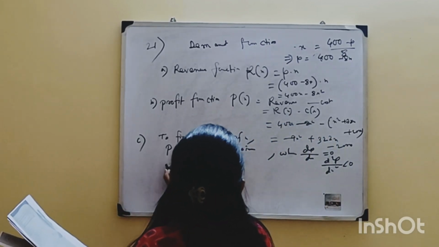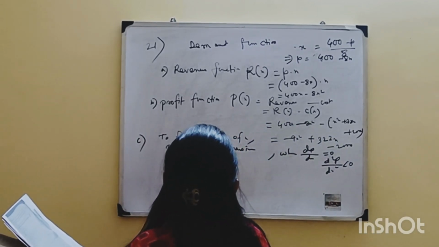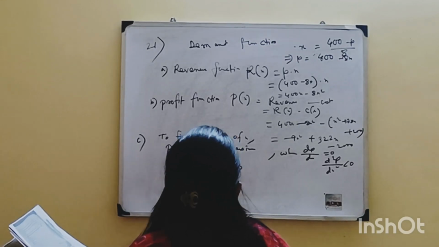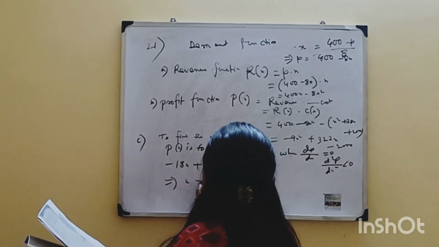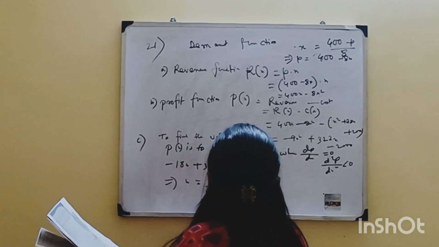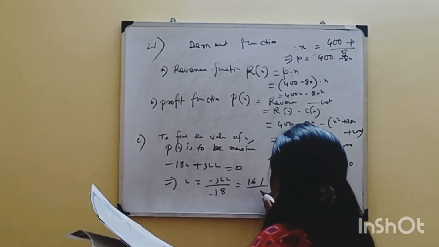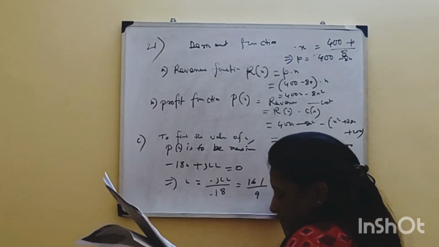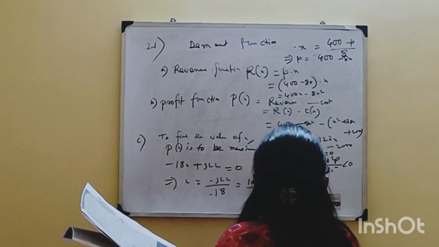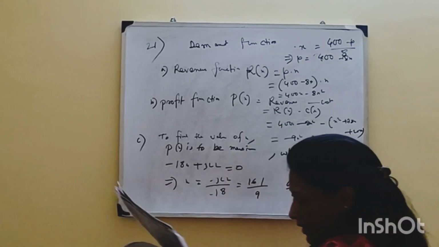So dP/dx means minus 18x plus 322 equals 0, and so x equals minus 322 divided by minus 18. So what will be the value? 161 divided by 9. So d²P/dx² is less than 0.